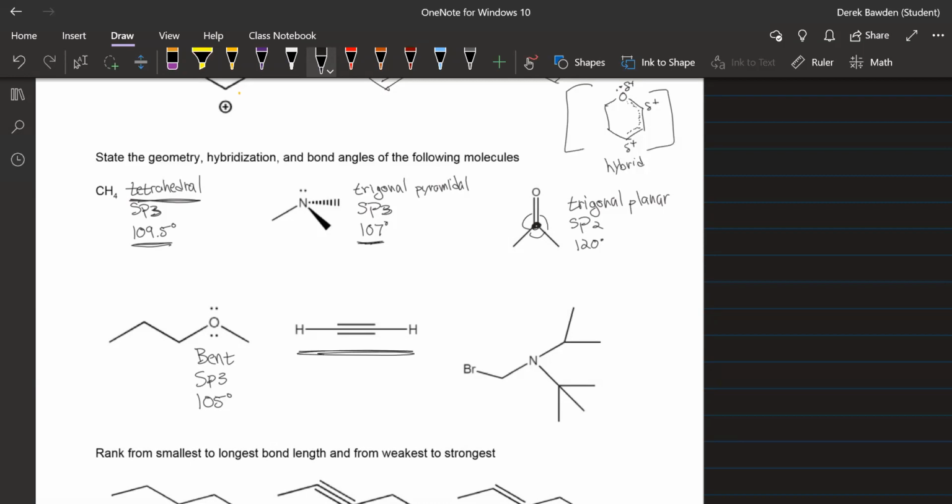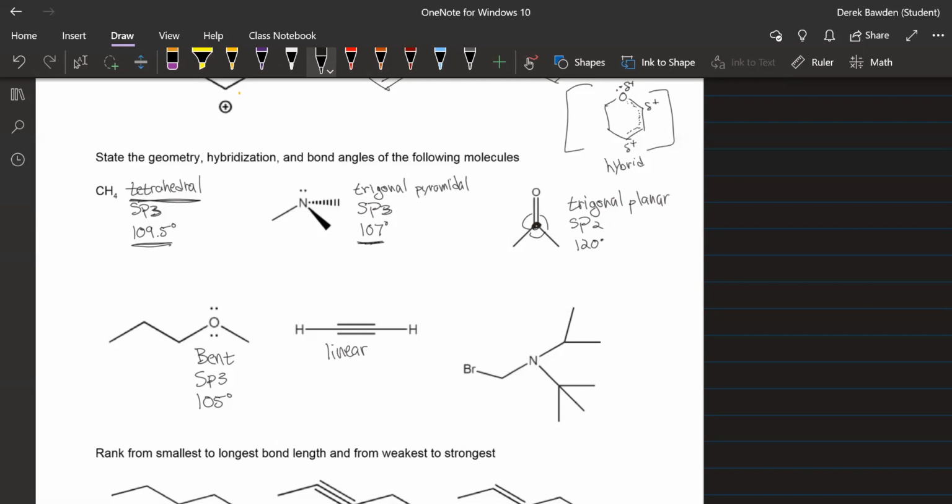How about for this molecule right here? Geometry? Linear. Any triple bond is always going to be linear. 2 regions of electron density. Is it going to be sp, sp2, or sp3?